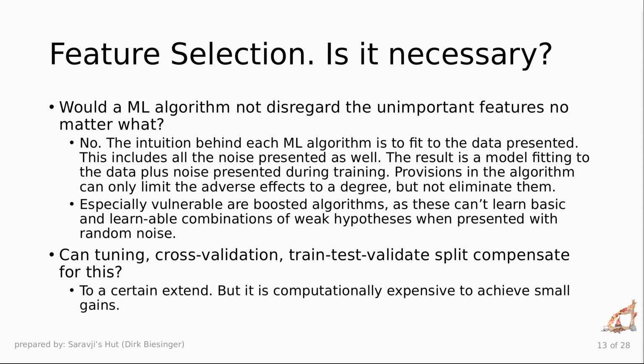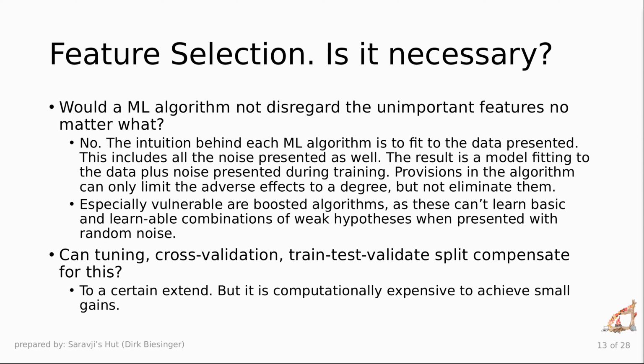Wouldn't the ML algorithm just disregard or put less regard on unimportant features? No, not directly. The intuition behind any ML algorithm is actually to optimize to the data as presented, and this specifically includes all the noise presented as well.